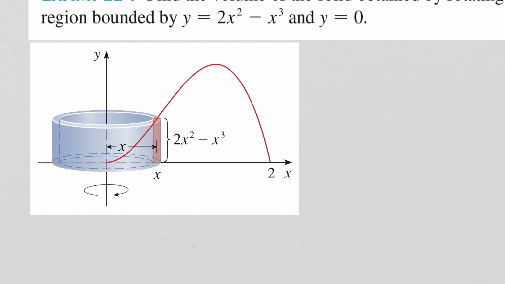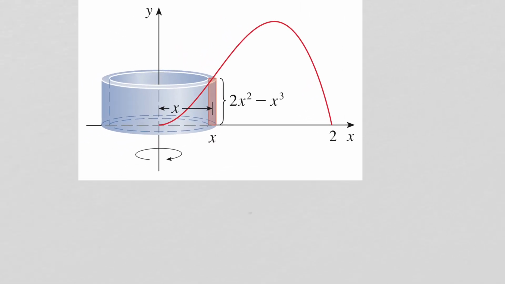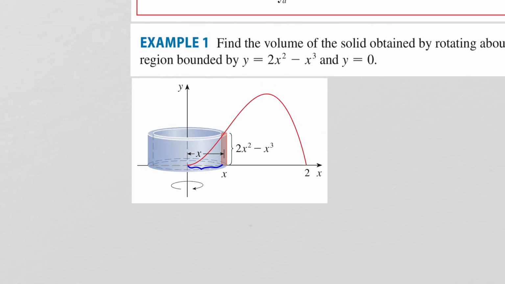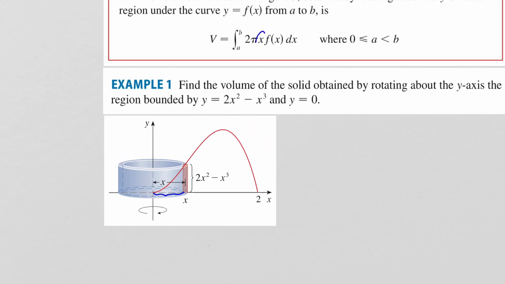And now to do this problem, we have to figure out what is the radius and what is the height. But again, this one here is very simple. We can use this formula directly. The radius is just going to be x, because it's just the distance from the axis of rotation to the rectangle. And then the height, of course, is just going to be the function.